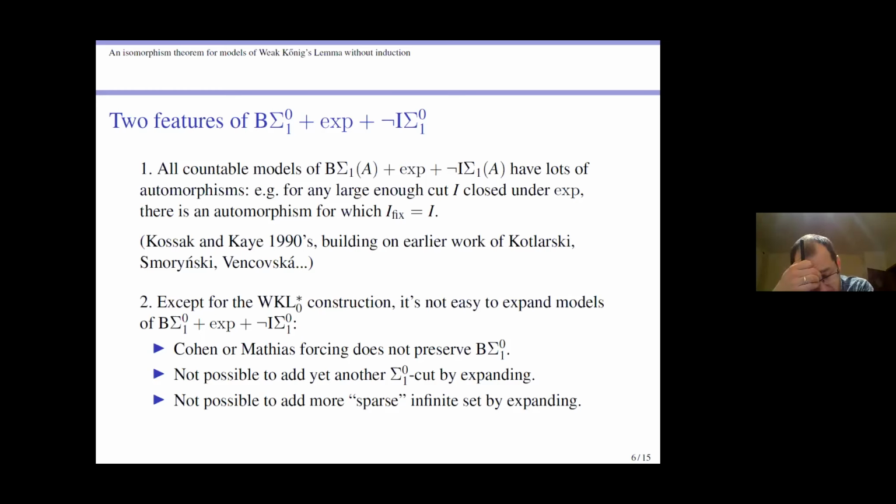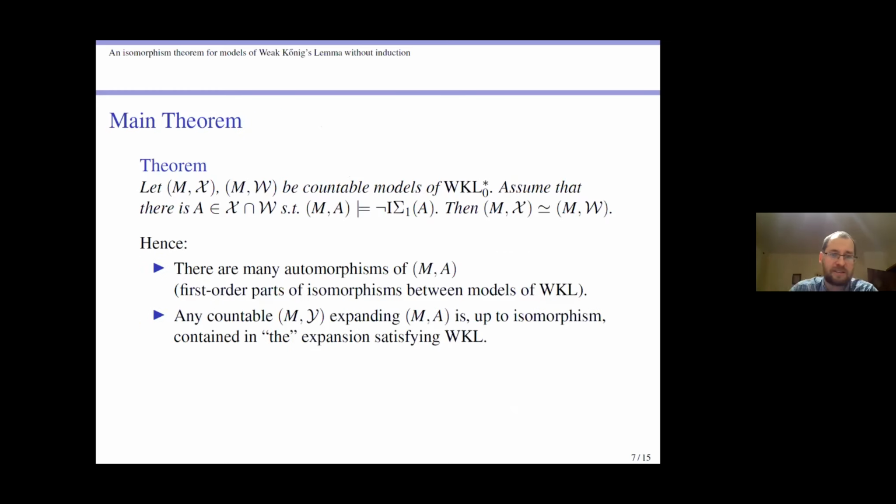And I guess we have something that can be considered as a joint explanation of both these things and more. So here's the main theorem I wanted to discuss. Namely, if you get two models of weak Kőnig's lemma, countable models, meaning there are countably many sets in each case, let's say MX and MW.